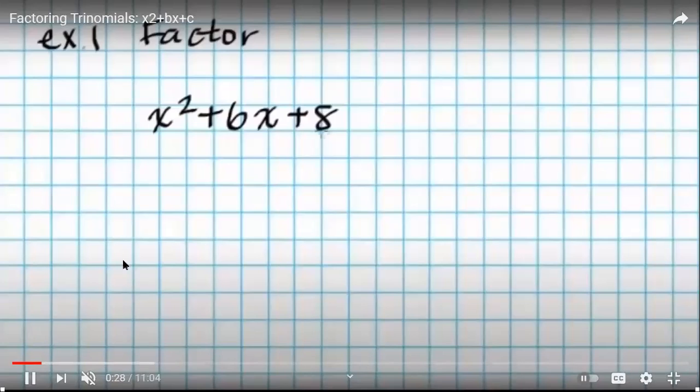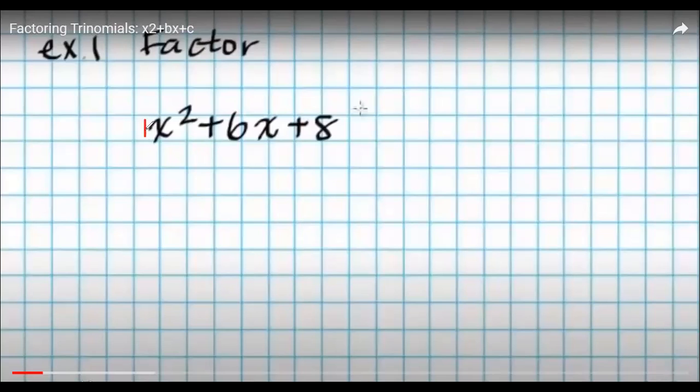So we have now another example, x squared plus 6x plus 8. First, we pick up the coefficient before x squared, so I have 1, and I have 8. Then we find the product ac: 1 times 8 equals 8.